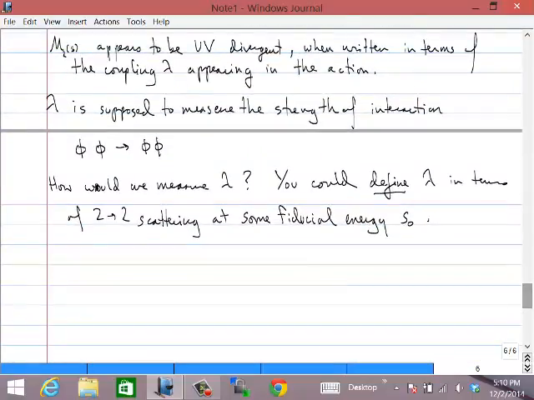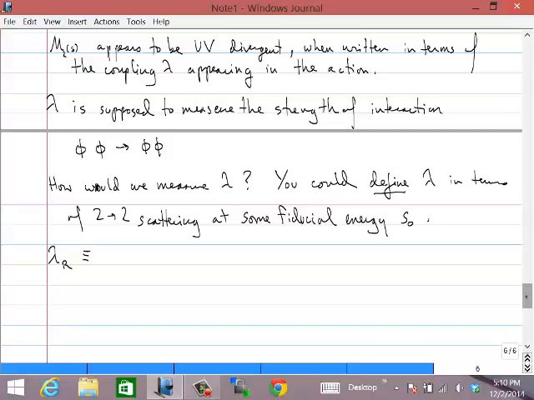So in particular, let's define the coupling lambda. I want to distinguish this coupling lambda from the one that appears in the action, so I'll call it lambda sub r. This will stand for the renormalized value of lambda, defined in terms of 2-to-2 scattering.